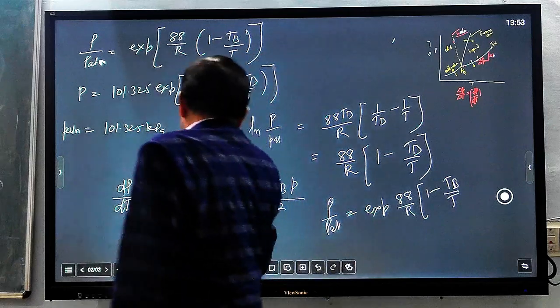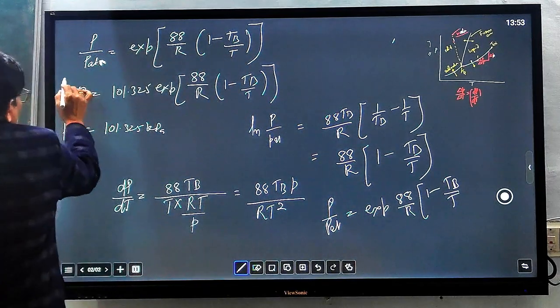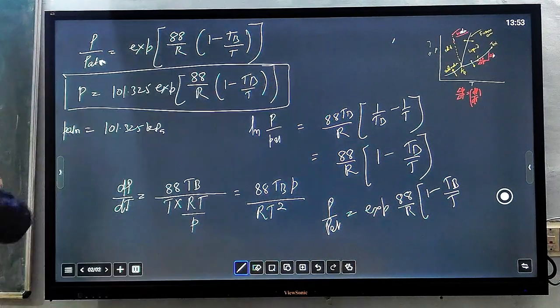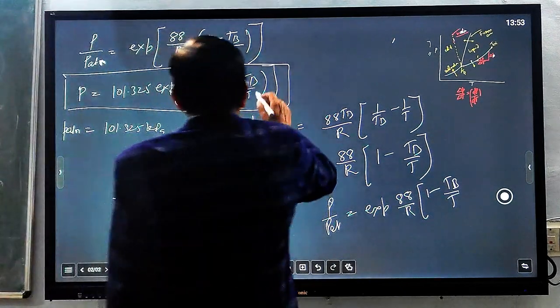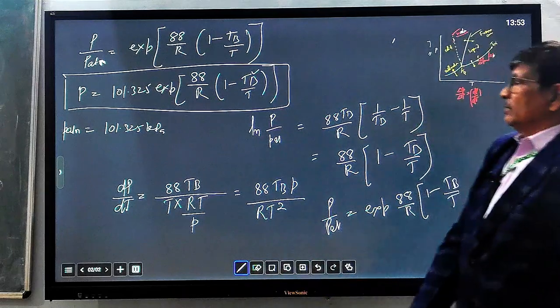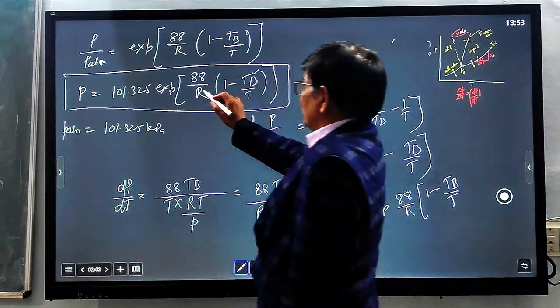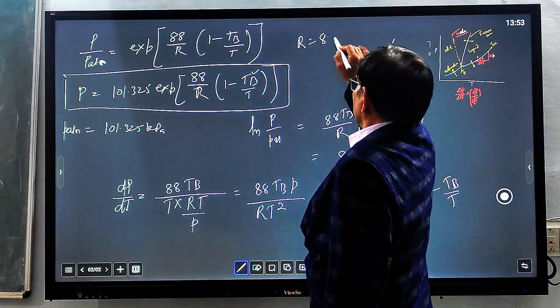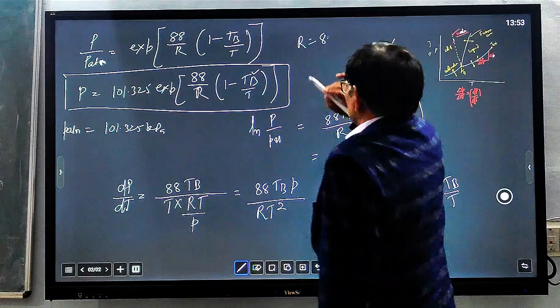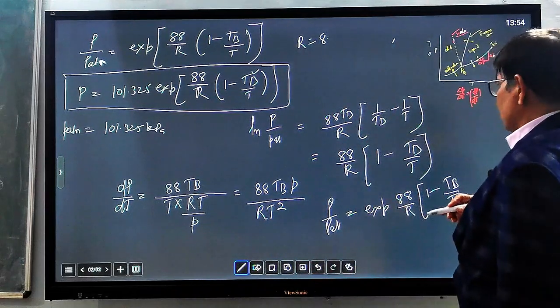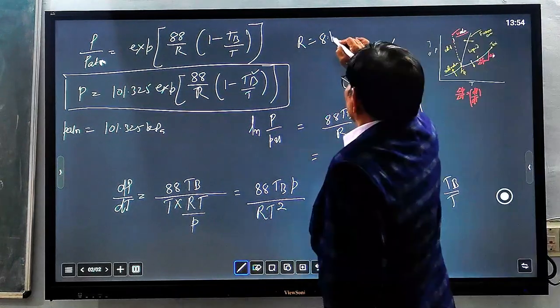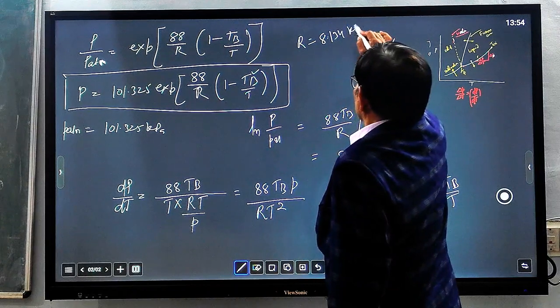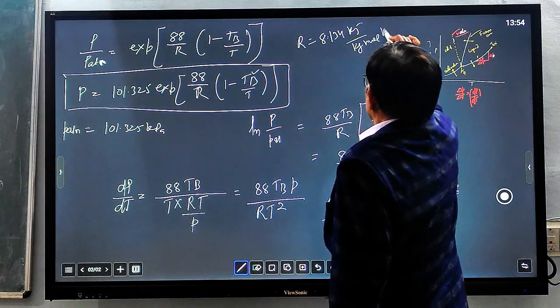This is the equation that we can use for finding out the pressure of the gas at any arbitrary temperature, because TB is known as the boiling point of the gas, and R is already known, the universal gas constant 8.314 kilojoule per kg mole Kelvin.